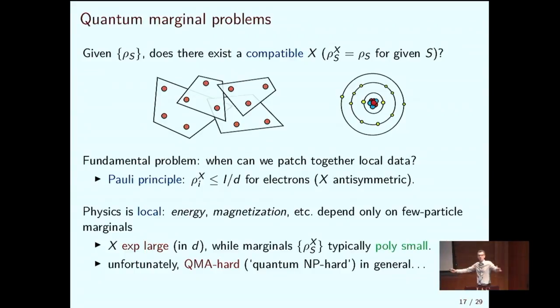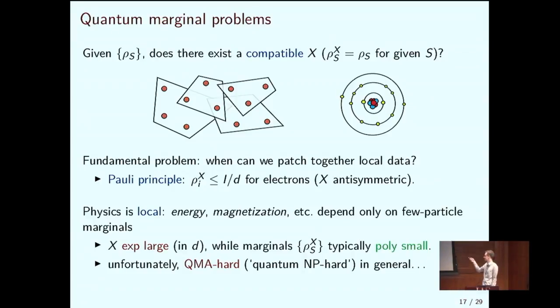In the limit of many particles, this Hilbert space, this vector space V, grows exponentially in D. If we say C2 at each factor, we have D of them, it's a 2 to the D-dimensional space. In contrast, if we care about, say, all the 2 particle marginals, that will only scale polynomially, because there are only so many pairs of particles. So that would be a great saving if this was not a very hard problem to do.